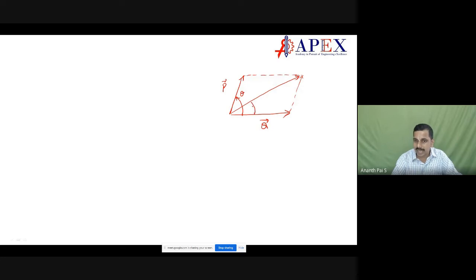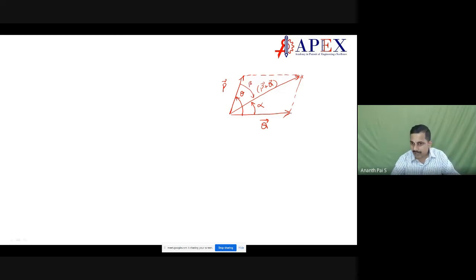We have to find the direction of the resultant. How do you specify it? It is at some angle alpha from Q or some angle beta from P, correct? That's how we have to say.